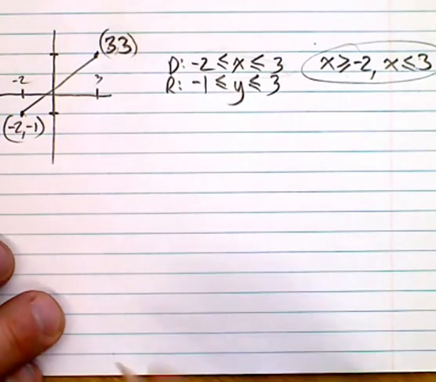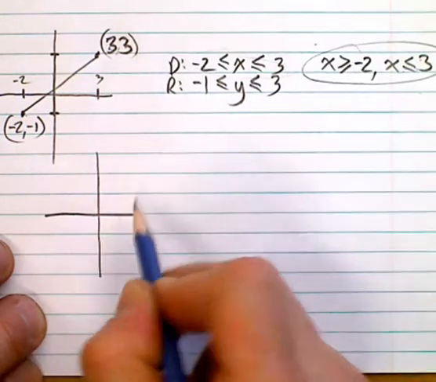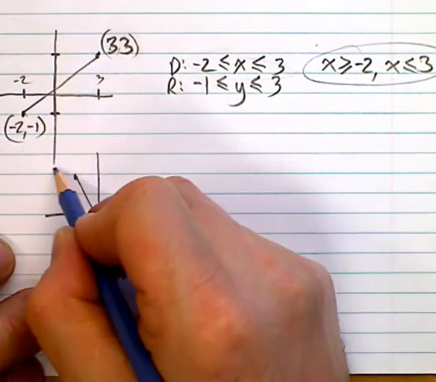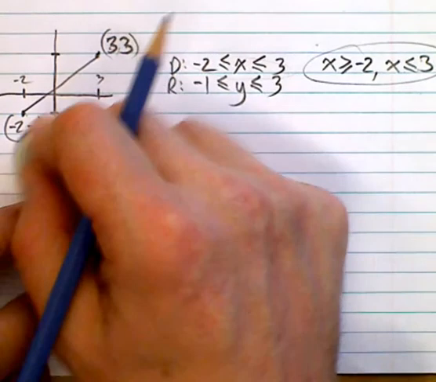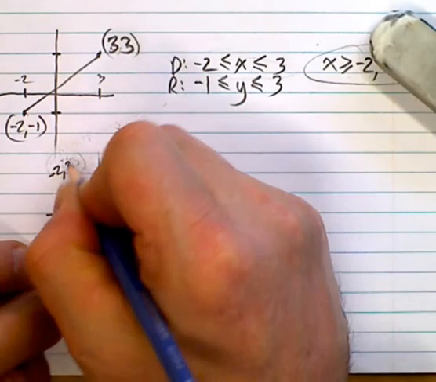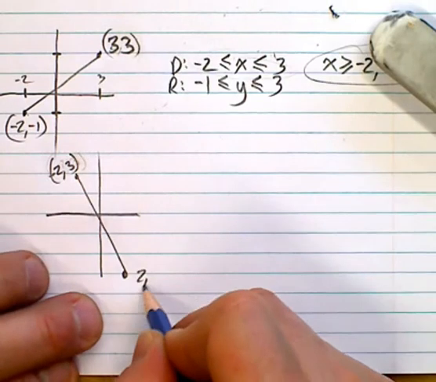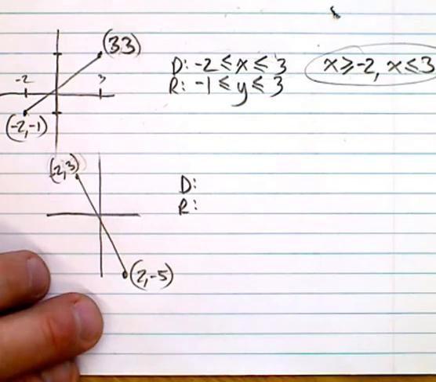Okay, let me try another one here for you guys. How about this here? And we'll make this (-2, 3). And we'll make this one (2, -5). So let's identify your domain. Let's identify your range.